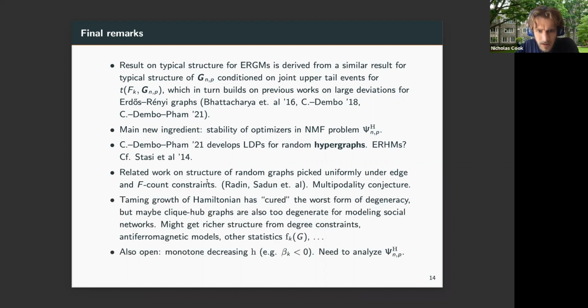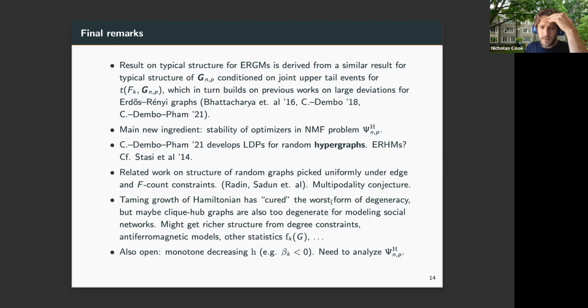What we've done with this fractional power following Lubetzky and Zhao is we've cured this form of degeneracy where you just see an almost empty graph or an almost full graph. But we've still shown that the measures concentrate on this 2-parameter family.